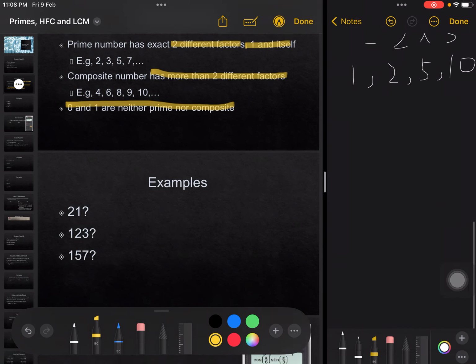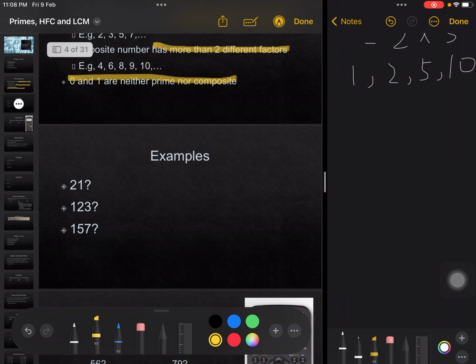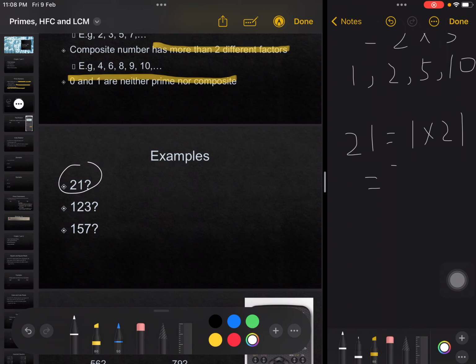Okay, let's move on. Is 21 a prime number or a composite number? 21 is definitely equal to 1 times 21, correct? Any other pairs of factors of 21? 21 is also equal to 3 times 7.